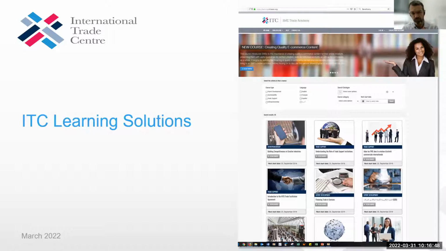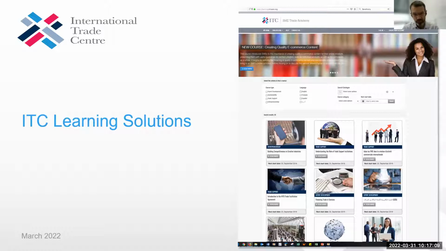One of them, the biggest one, is the SheTrades platform, which is, as you probably know, about women empowerment and business support organizations, also in the direction of support to the gender balance in business.